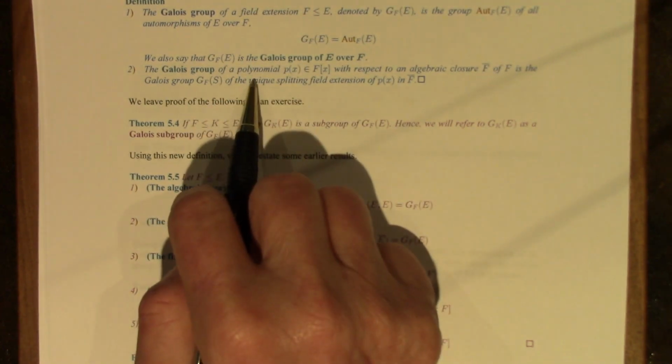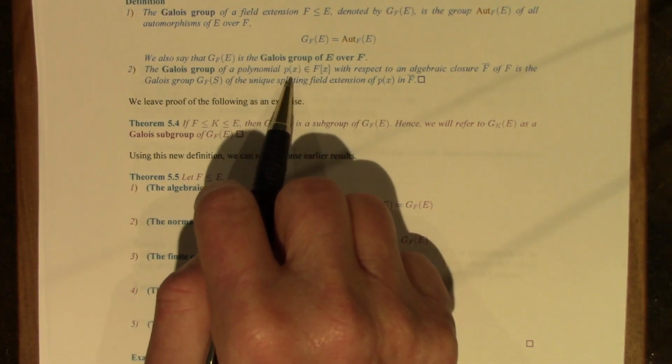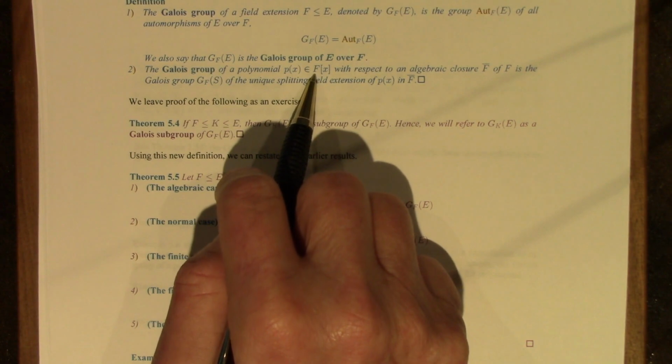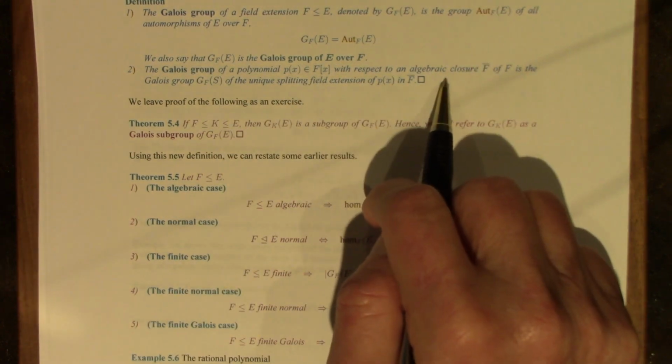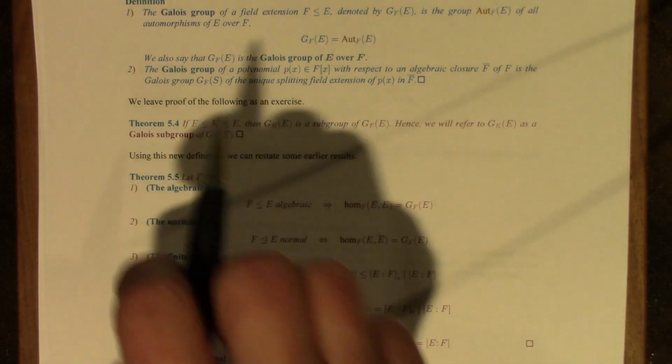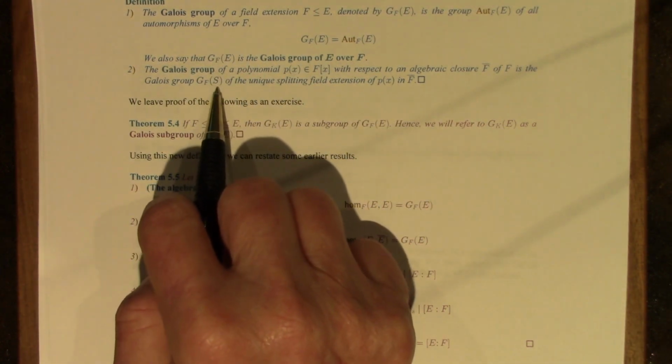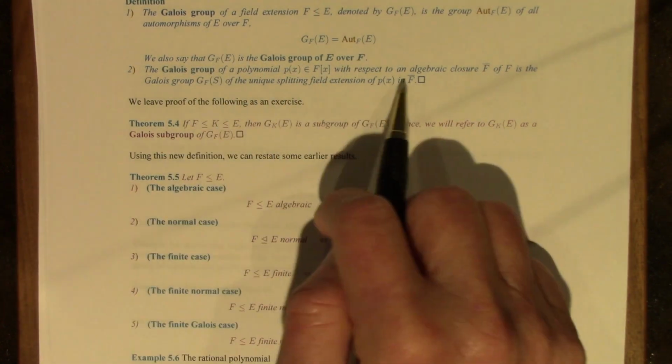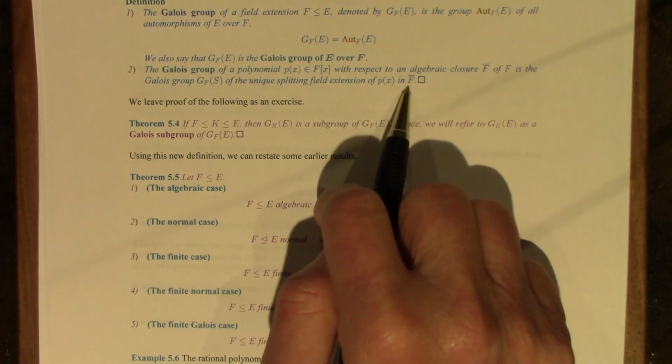The Galois group of a polynomial, p of x over F, with respect to an algebraic closure, F bar of F, is the Galois group of the unique splitting field of the polynomial in F bar.